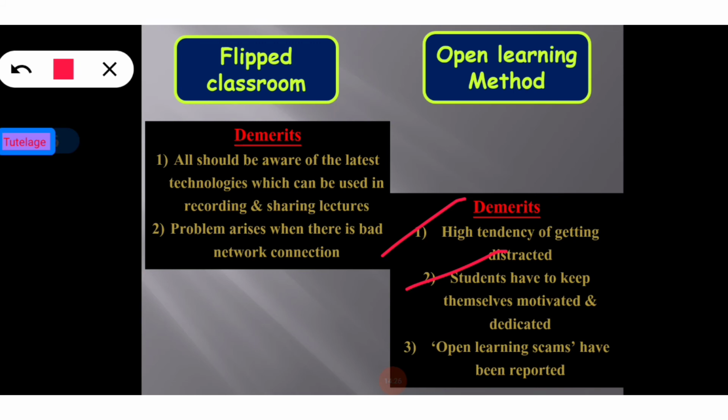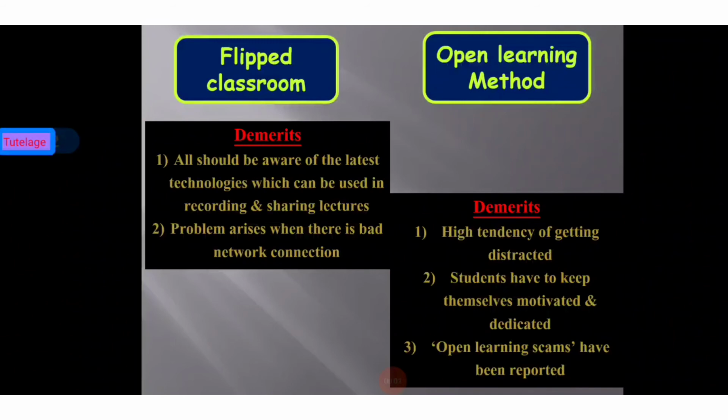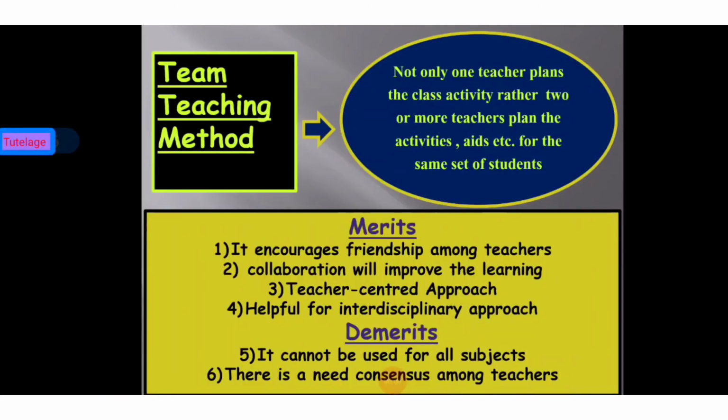Now going to the third point, open learning scams have been reported. We have already said students should verify the validity and authenticity of the institute and the course, because open learning scams have been reported. Okay. So now let's move on to the next teaching method, that is the team teaching method.